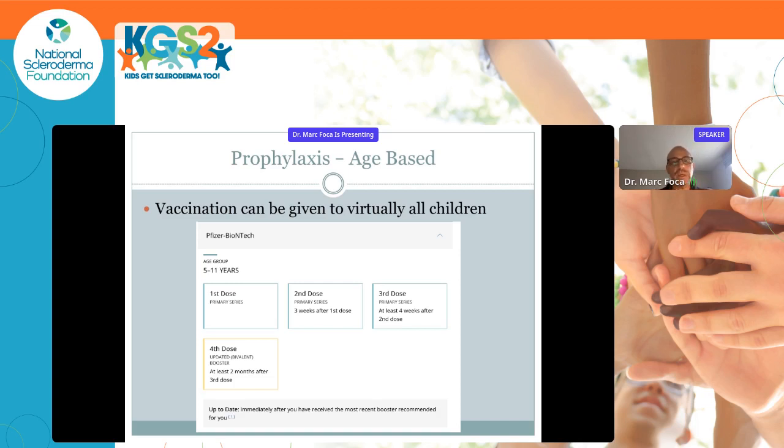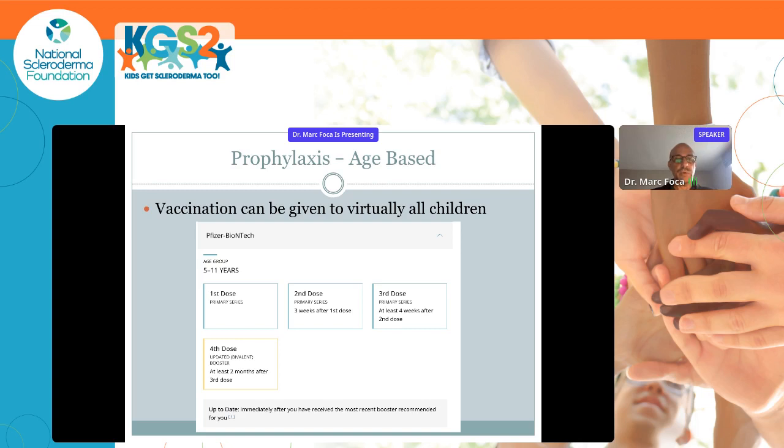Vaccine can be given to virtually all children from 6 months of age onward. This is the Pfizer schedule, and I really urge you to speak not only with your pediatrician, but if you want to get in contact with an infectious disease physician at the institution where you see your rheumatologist, you should do so.